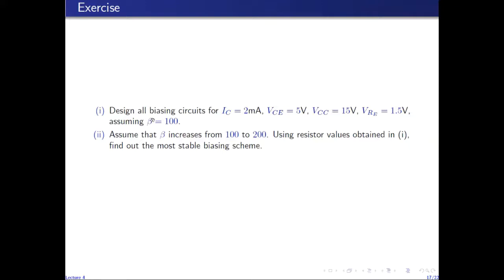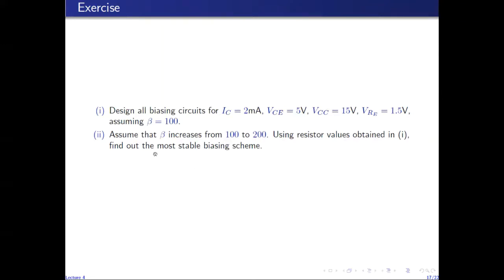Once you have designed the biasing networks, in the second part, I want you to assume that beta is now increased from 100 to 200. So the new beta is 200. So using the biasing circuits that you have designed in part 1, I want you to find the new bias points. I want you to find IC and VCE for all of the biasing schemes.